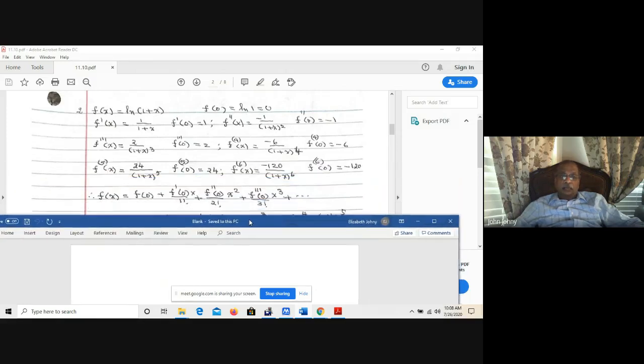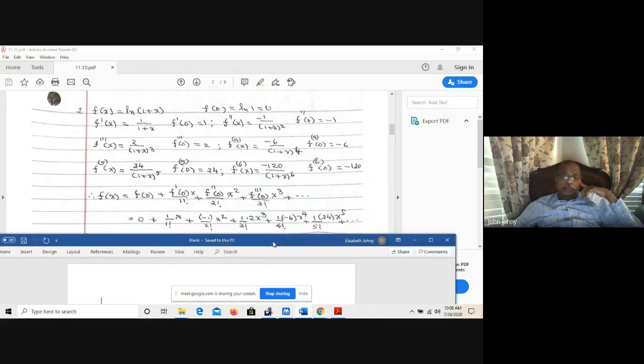And therefore, you get f x is equal to f 0, this is a formula, f 0 plus f prime 0 over 1 factorial times x plus f double prime 0 over 2 factorial times x square plus f triple prime 0 over 3 factorial times x cubed plus etc.